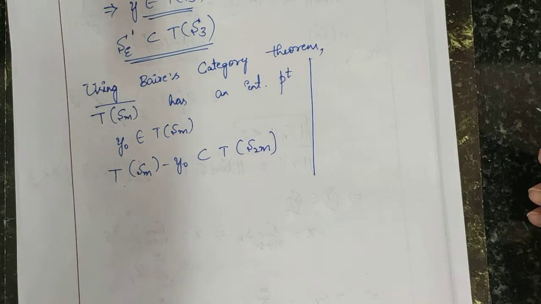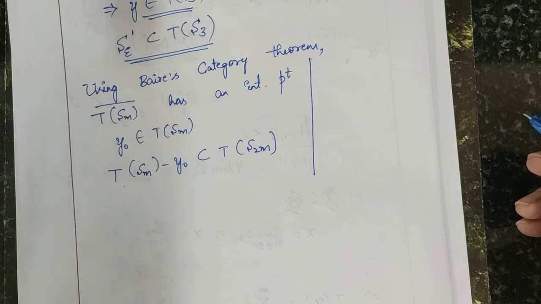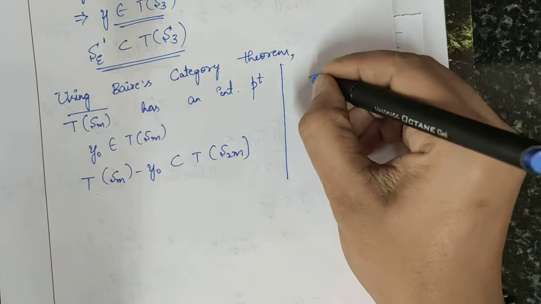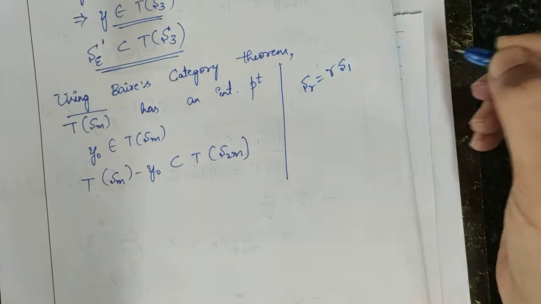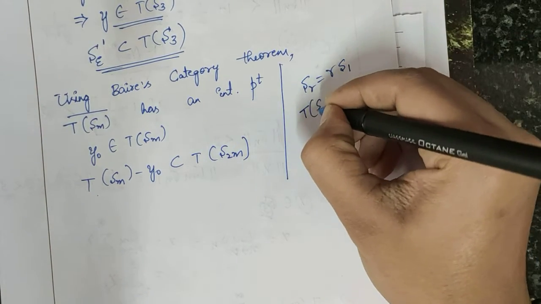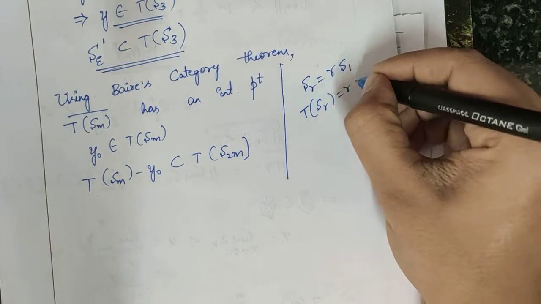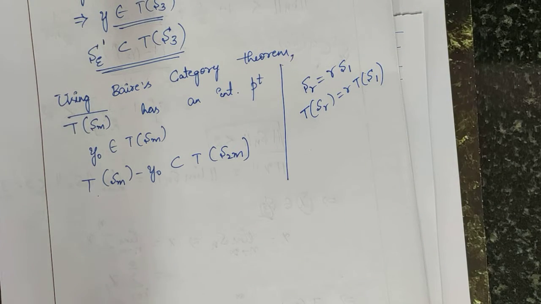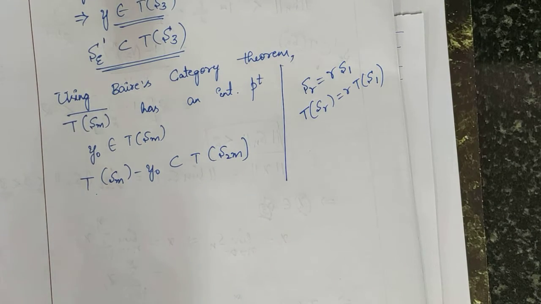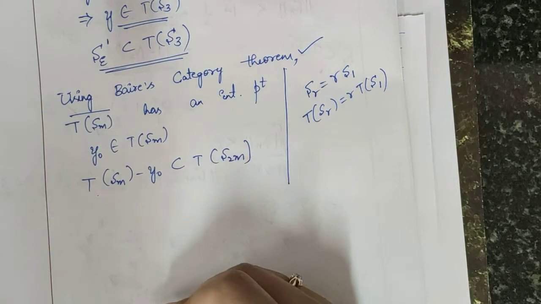What all the things have we done in order to prove this theorem? First we constructed open spheres for B and B prime. Using that we proved that SR can be expressed as R into S1. So for the transformation T, T of SR will be equal to R into T of S1. T of SR is nothing but the image of the open sphere SR in the space B. Then we used Baire's category theorem.